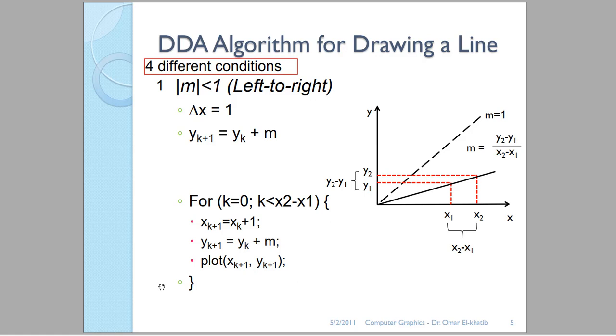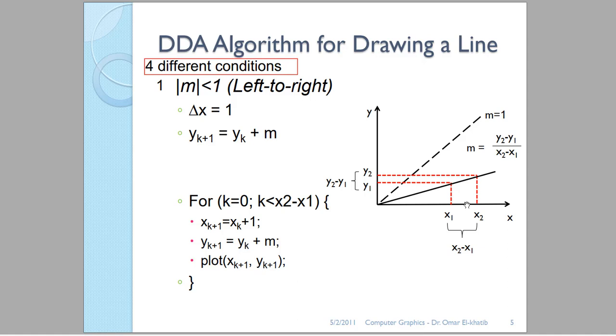Now remember, try to understand this for loop. In this for loop, how many points are we considering? We are considering points from 0 to x2 minus x1. What is x2 minus x1? x2 is this, x1 is this. So these points. We start from 0, but the total number of iterations in the loop will be from here to here. So let's say these are 10 points or 20 points. It depends, but we will run this loop only for this number of points.